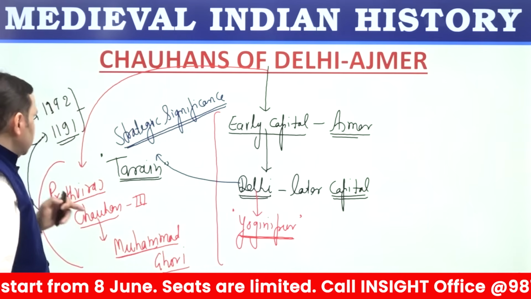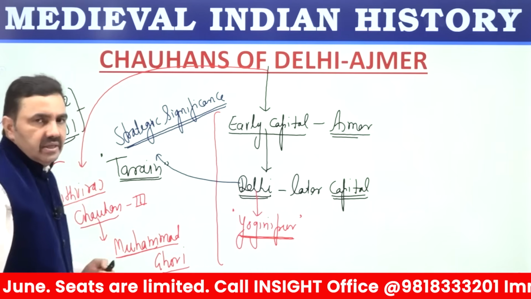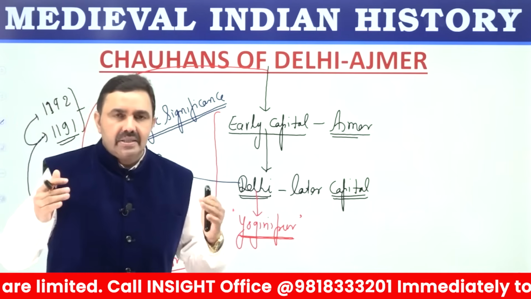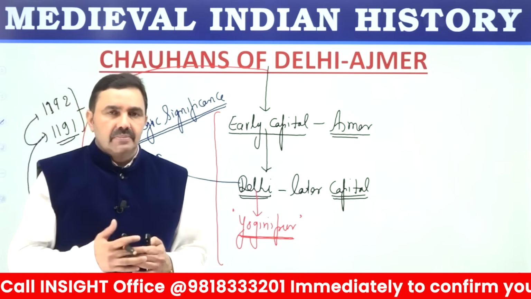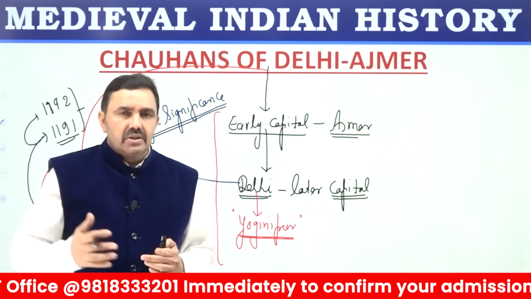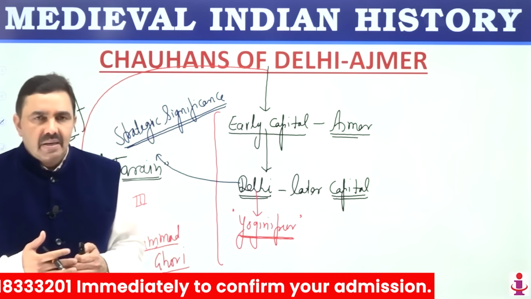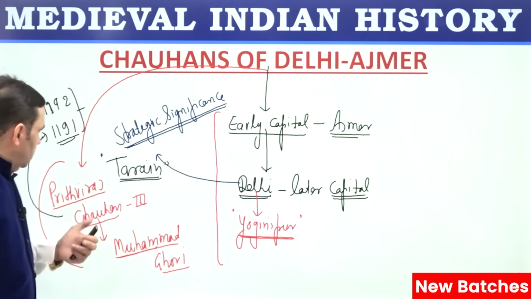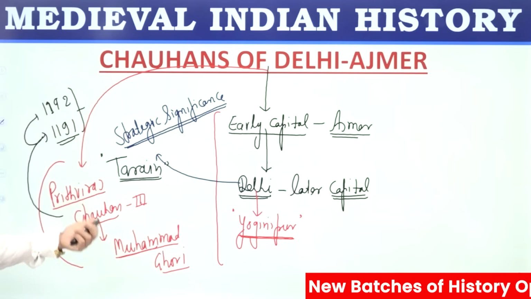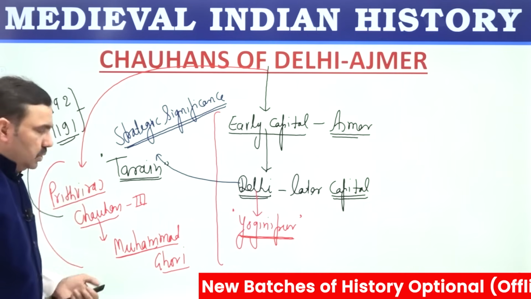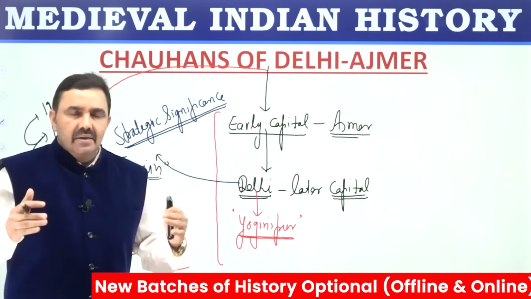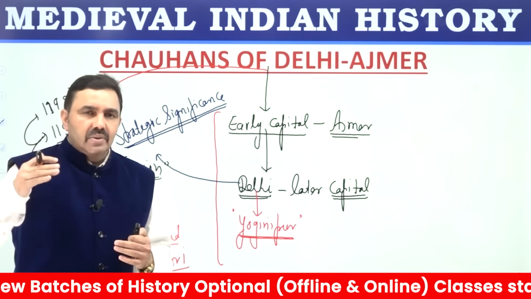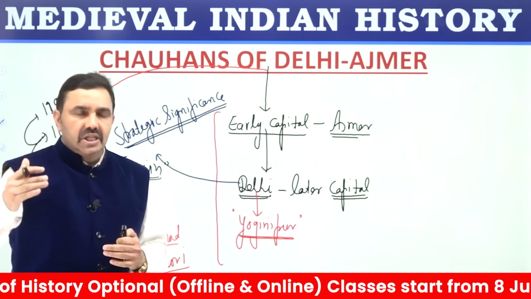One major reason of his loss was that Jaichand, the king of the Gahadwala dynasty, supported Muhammad Ghori. Jaichand's daughter was Sanyogita, and Sanyogita was in love with Prithviraj Chauhan. Prithviraj Chauhan married her forcibly, and that was not liked by her father Jaichand.